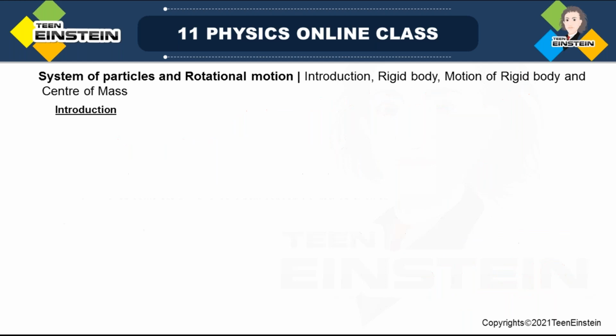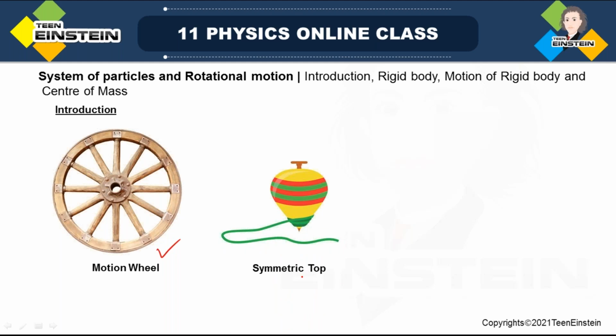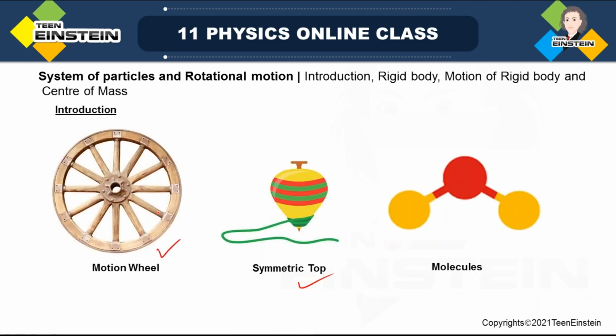And generally rigid objects like the motion of a wheel, a symmetric spinning top, molecules, and sometimes an iron bar will be taken as a system of particles or rigid body. We'll discuss what is rigid body in the next transparency.